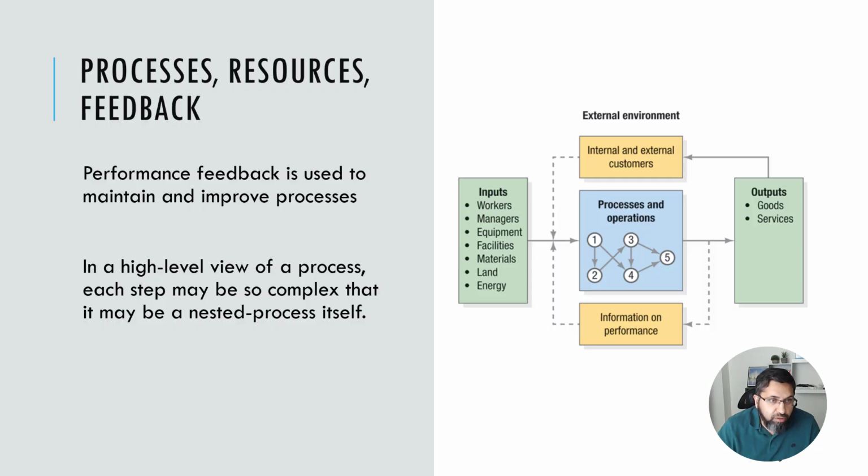So that's fairly simple, easy to understand. What I want to point out here is the yellow boxes. So when the outputs go to customers, they provide feedback. And that's an important part of process management.